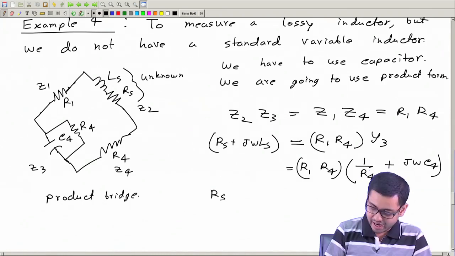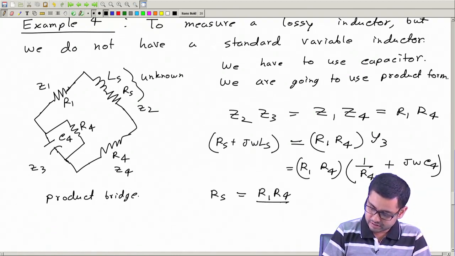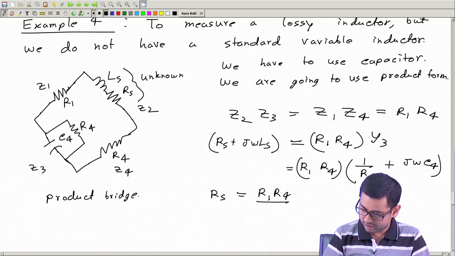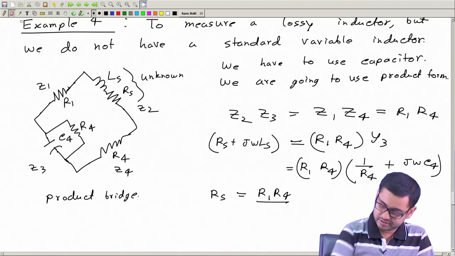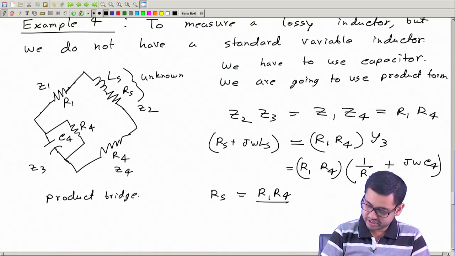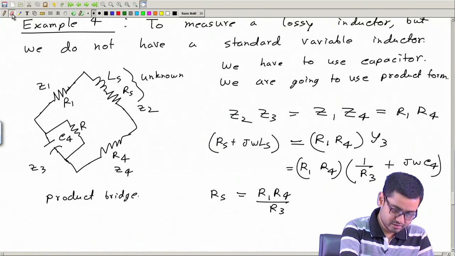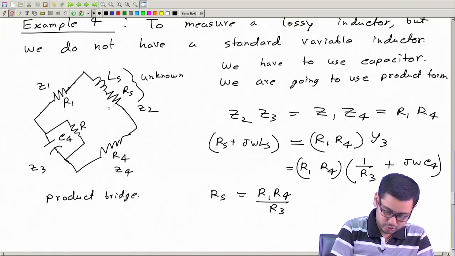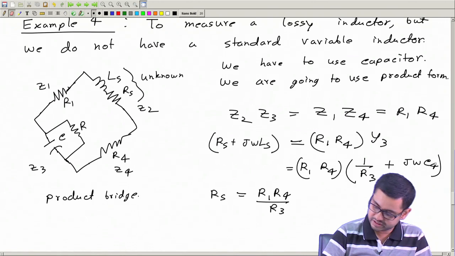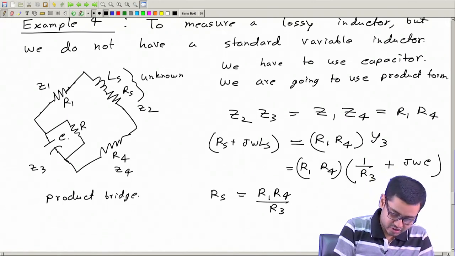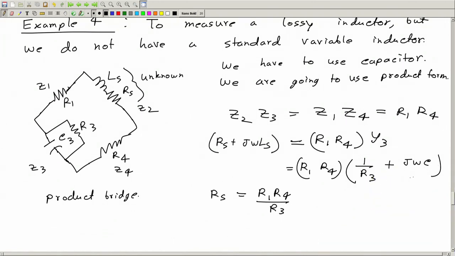So I can write RS from here, real part same as R1 R4 divided by, this should be R3. This is R3 divided by R. Let me call this 3, 3, 3, 3. So R1 R4 divided by R3.